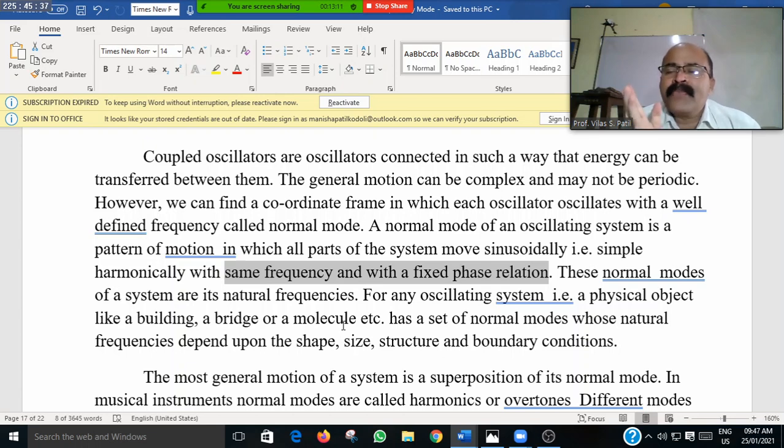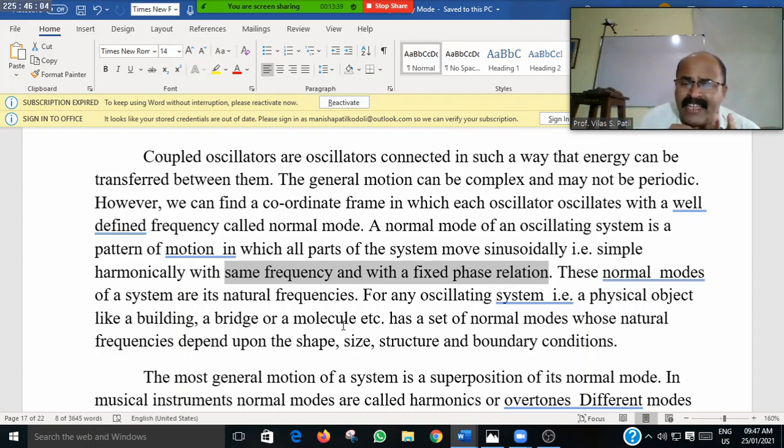It means that in the case of a building, a bridge, or a molecule, there is a set of normal modes, and their natural frequency will be fixed, but it depends on other physical quantities like the shape, size, structure, and boundary condition of the building.